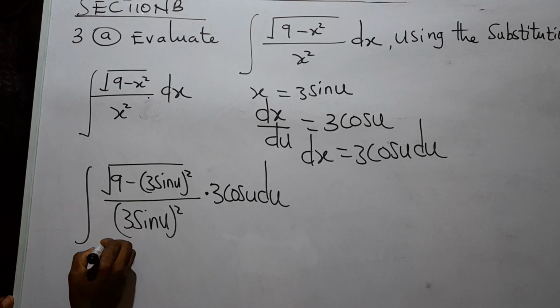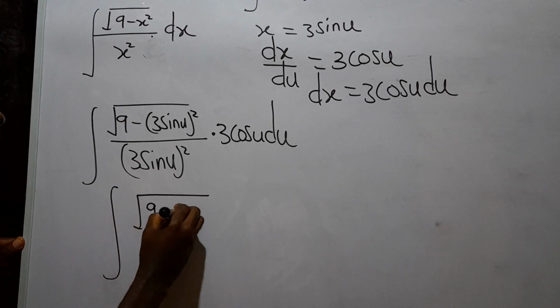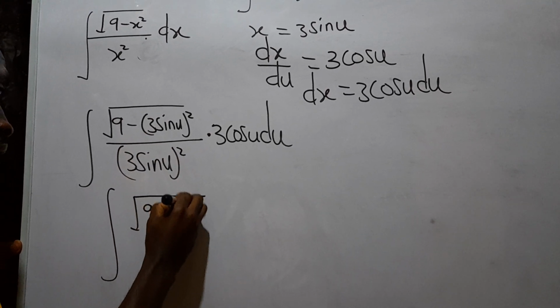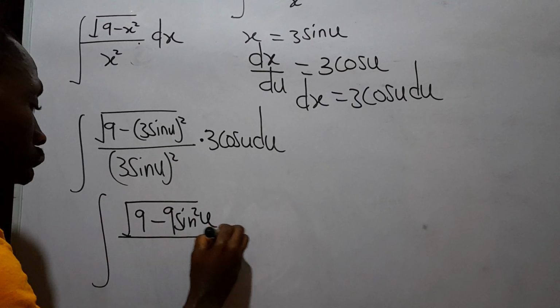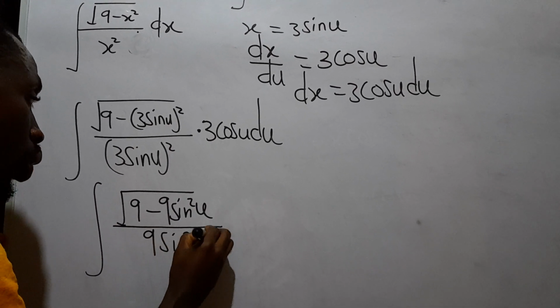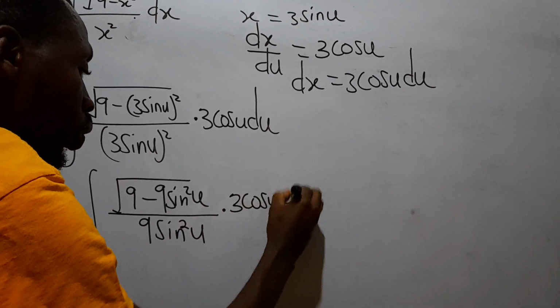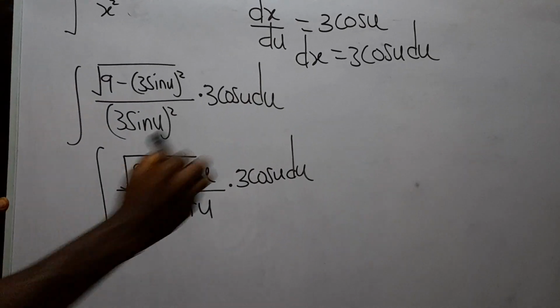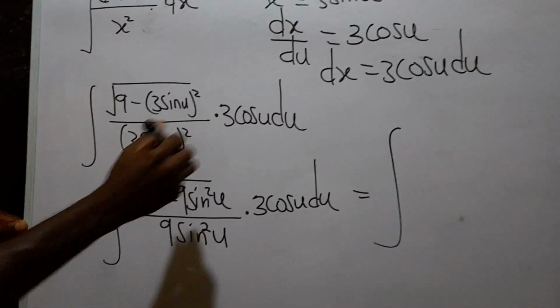So if I simplify further, I'll get the square root of 9 minus, when I square this, I'll get 9 sine squared u, over 9 sine squared u times 3 cos u du. So this will further be simplified. See, 9 is common, we can pull it out.